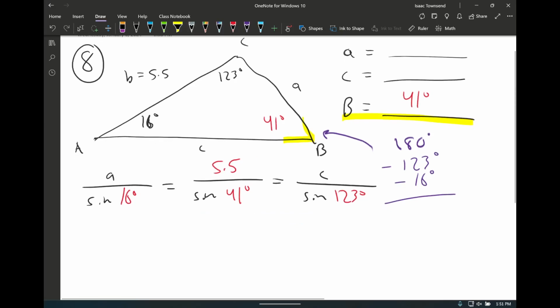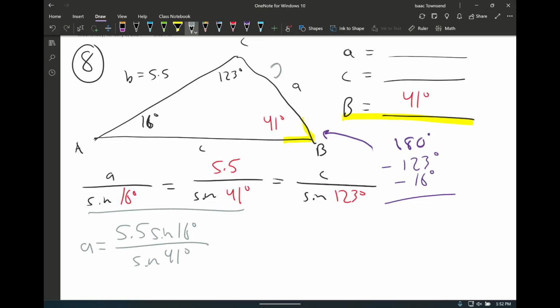So side A, multiply both sides by the sine of 16. A is going to be 5.5 sine of 16 degrees divided by the sine of 41 degrees, or 2.31.